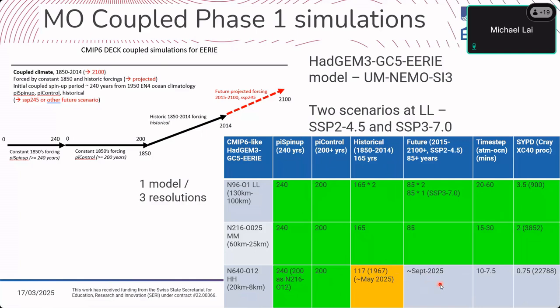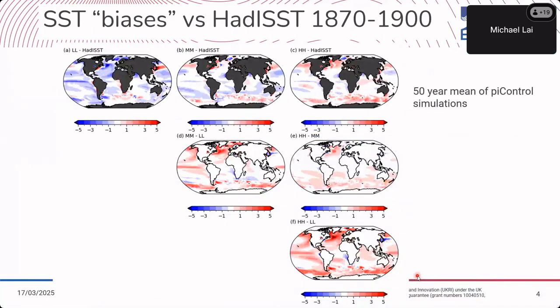And then the future part of the simulation will hopefully be done on our new supercomputer, as the current supercomputer finishes at the end of May. So it's a bit of a race whether the model finishes before the supercomputer finishes, which just makes things a bit more interesting.